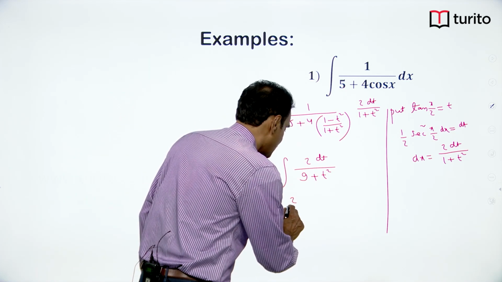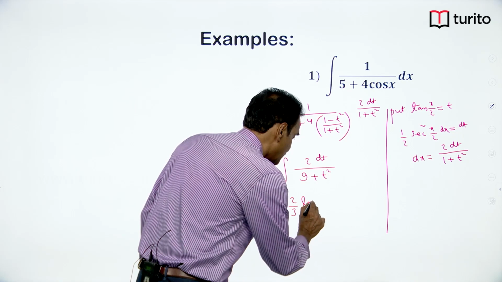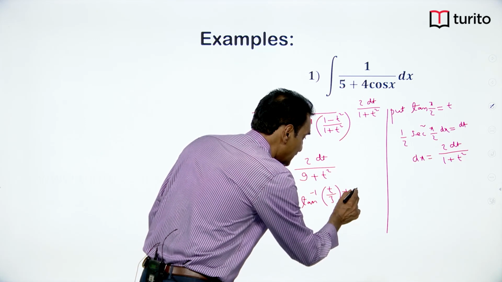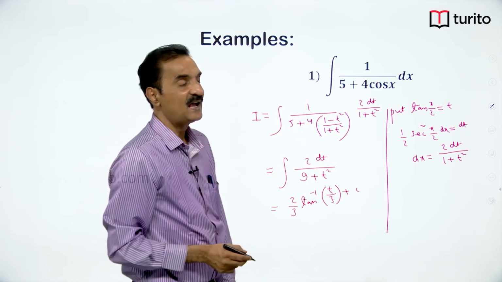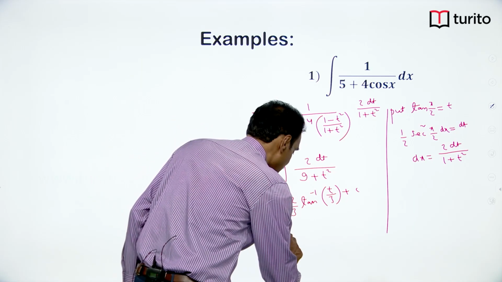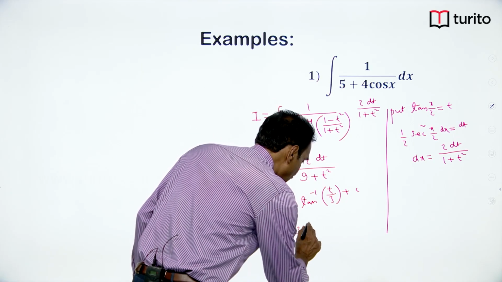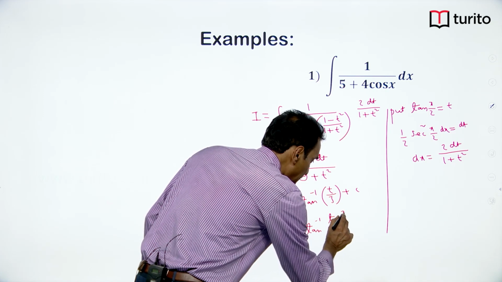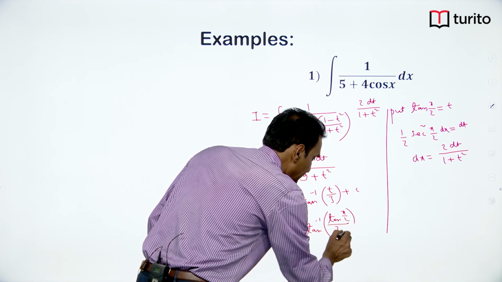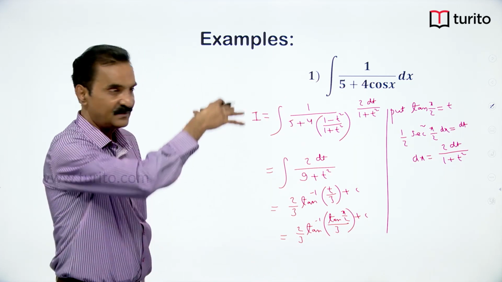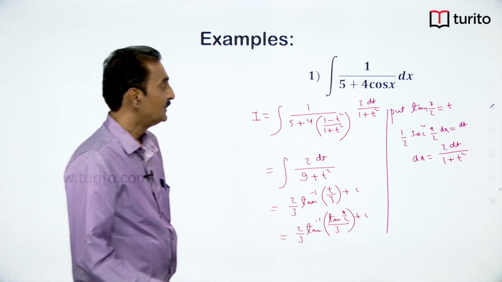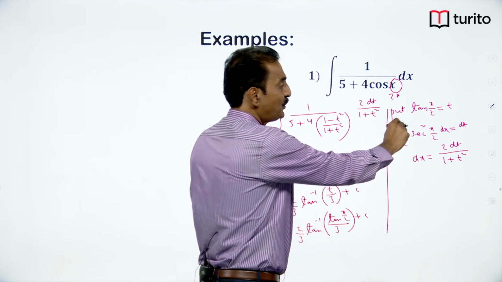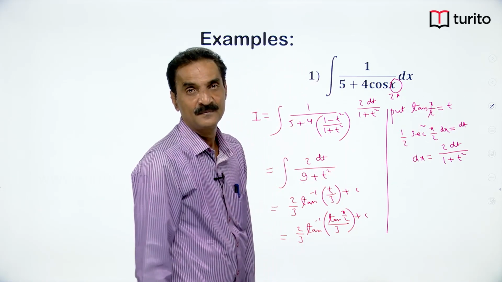So finally you will get 2 by 3 tan inverse t by 3 plus c. Substitute t as tan x by 2: 2 by 3 tan inverse of tan x by 2 by 3 plus c. This is the standard procedure. Suppose you have cos 2x here, then you have to put tan x is equal to t. Remember.